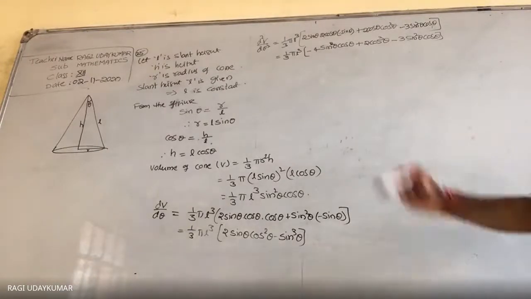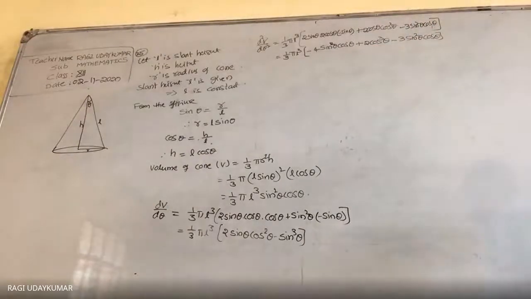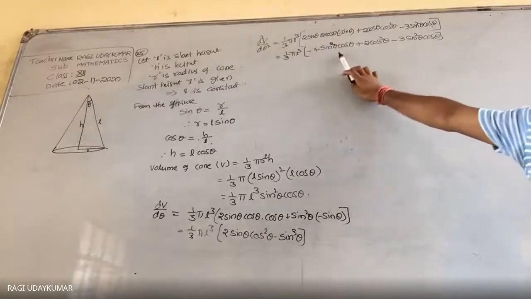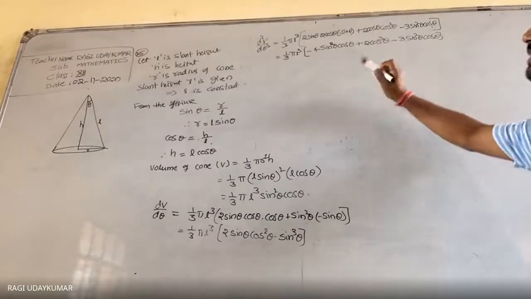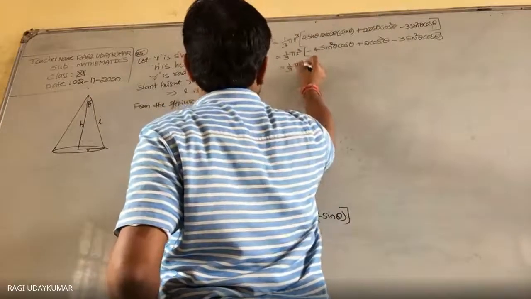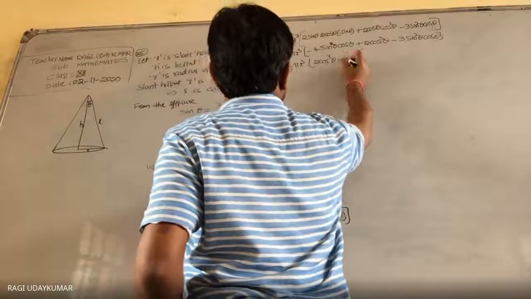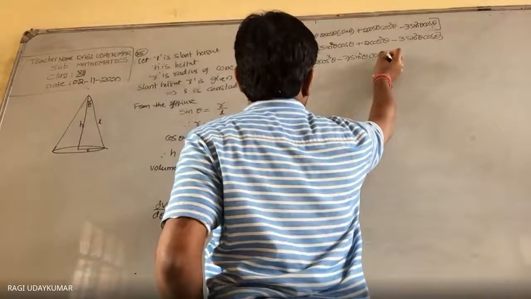So what do you get here? In this, ये दोनों सेम है ना, sin square theta cos theta, sin square theta cos theta. हाँ? So you can write this one in simplified form: 1 by 3 pi l cube into 2 cos cube theta minus 7 sin square theta cos theta.